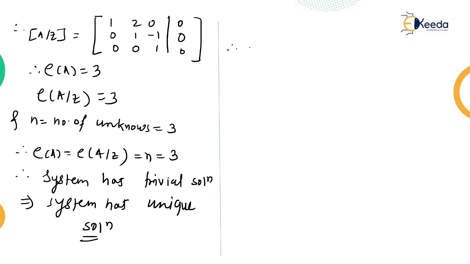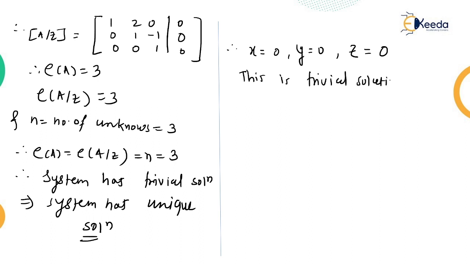Hence, x equals 0, y equals 0 and z is also equal to 0. This is the trivial solution of the system, guys, and this is your solution.